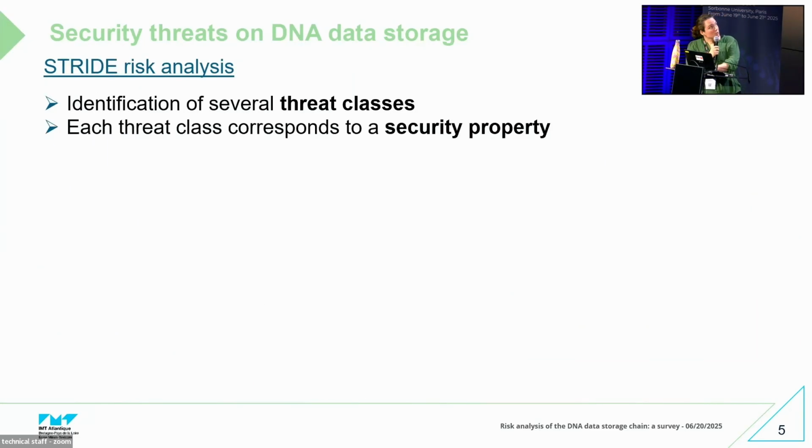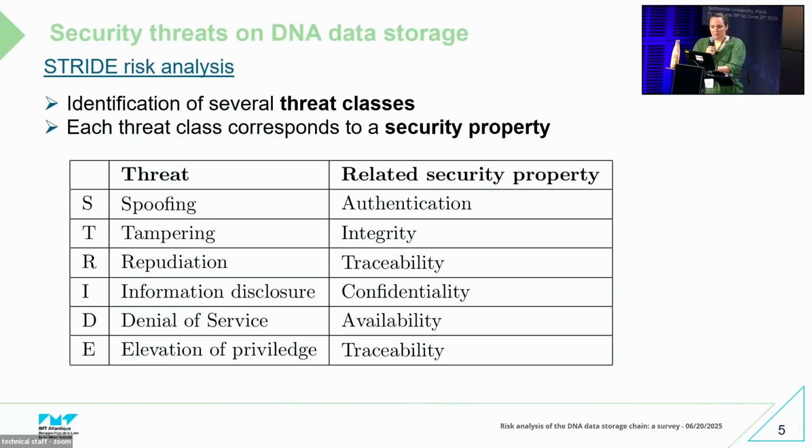Each letter of the word STRIDE corresponds to a threat, itself associated with a violation of a security property that we wish to achieve in the system. For example, modifying or degrading data stored in DNA corresponds to the tampering threat that's associated with the integrity property.